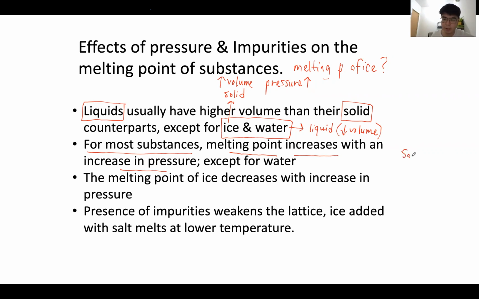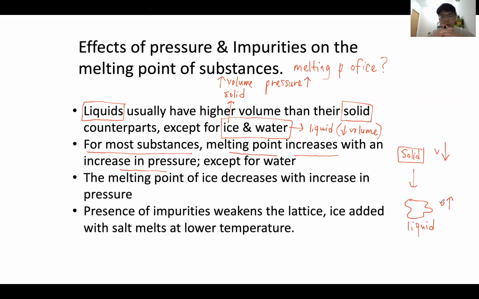If any solid wants to change to liquid, since for most substances, liquid has a higher volume, right? And solid is lower volume. When they want to change from solid to liquid, there will be an increase in volume. They need to take up more volume to change to liquid, right?